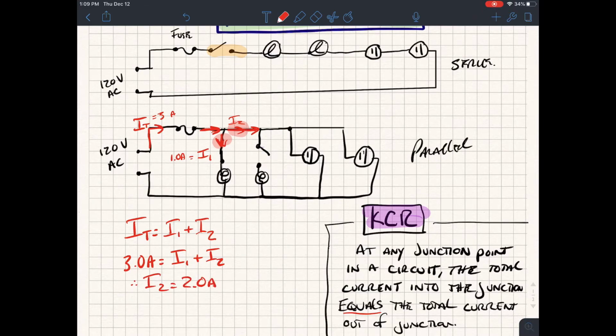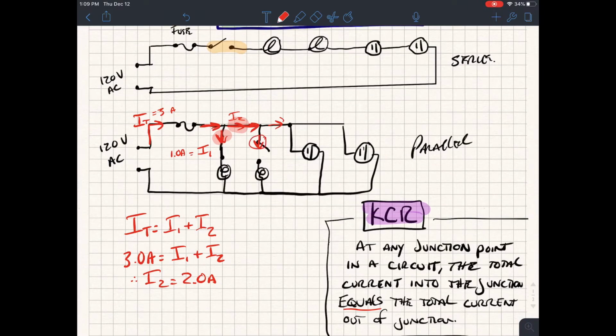So now we have I2 going into the second junction, which means that this current plus this current must equal 2. So they're both going to contribute or sum to that 2. Really what it's saying is the sum of all the individual currents in each of the pathways is going to equal the amount of current going into the pathway.